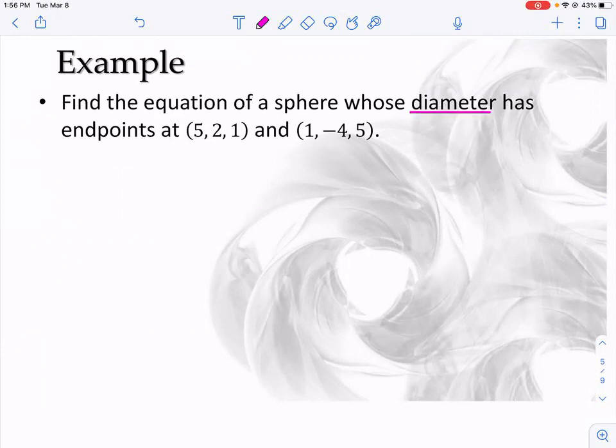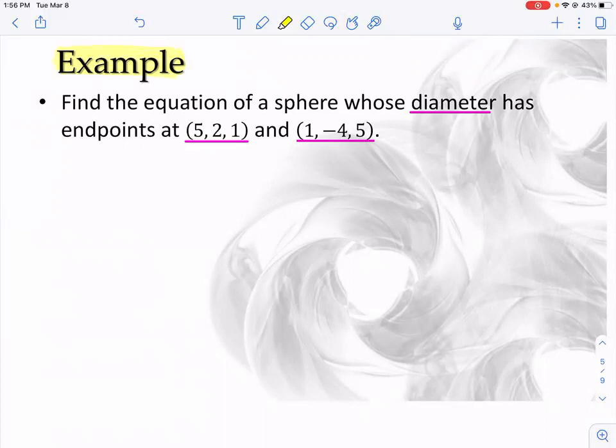Okay, so we have a diameter that has endpoints at (5, 2, 1) and (1, -4, 5), and we want to write the equation of the sphere.